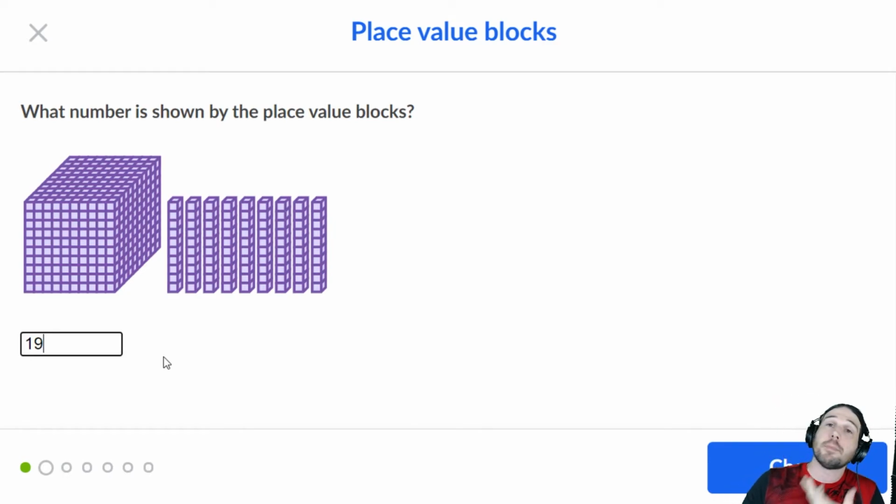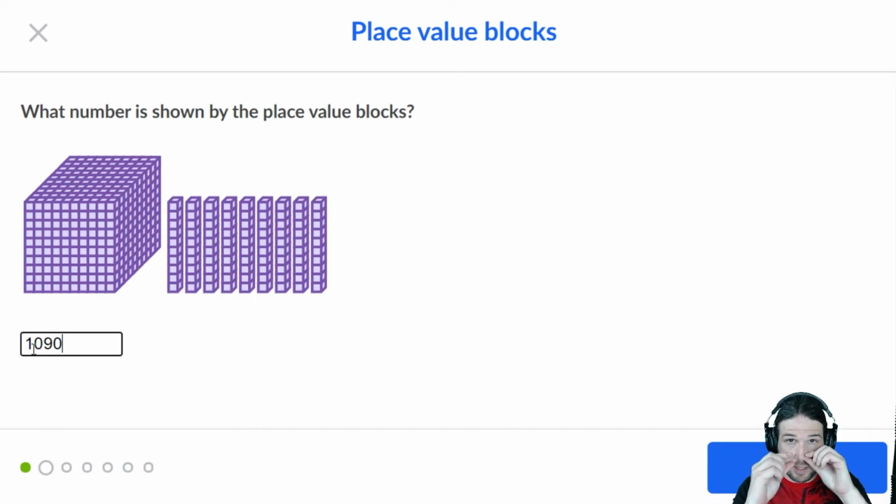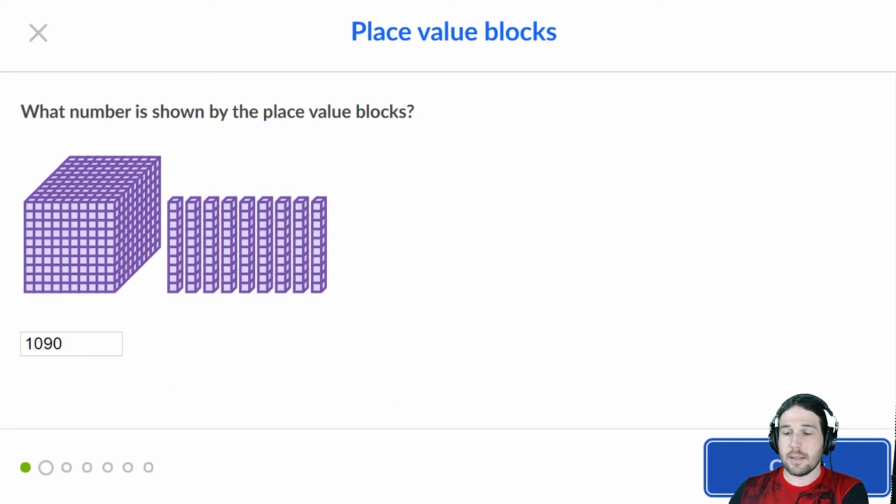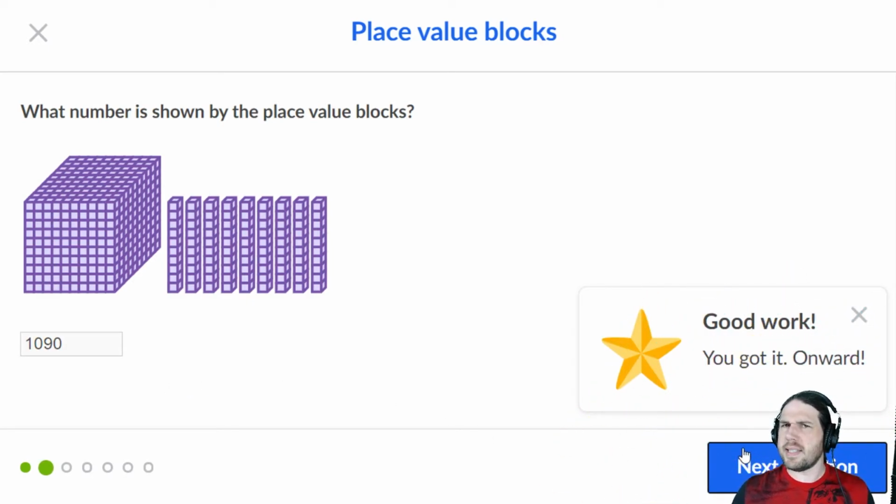Where are blocks missing? What kinds of blocks are not here? And that's important. There are no hundreds, and there are none of the little unit cubes, right? The little teeny tiny ones. So this is 1,090. And that's not always easy to see right off the bat.